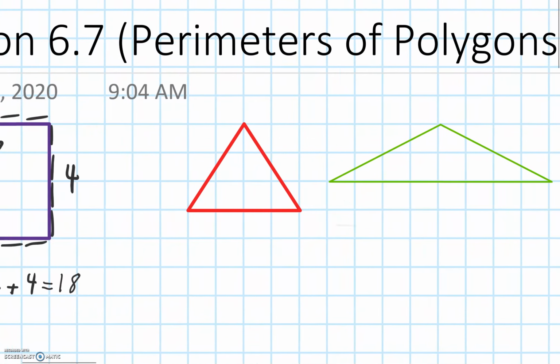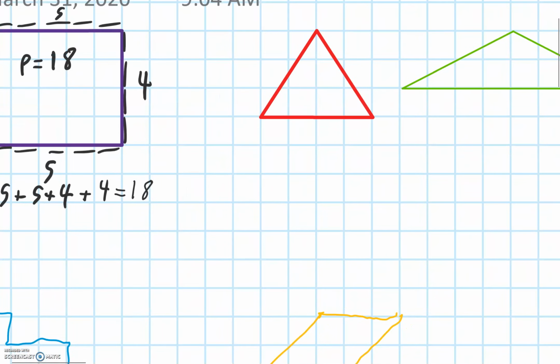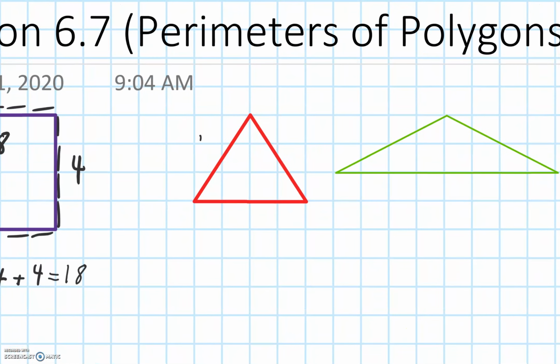So let's move over here and let's say this is an equilateral triangle, and so all the sides are 4. Well, in this case, because it is a regular polygon, meaning all sides are equal, you can totally still do this adding all sides. 4 plus 4 plus 4 is 12.